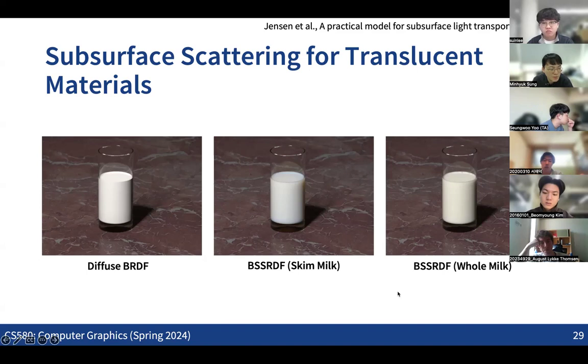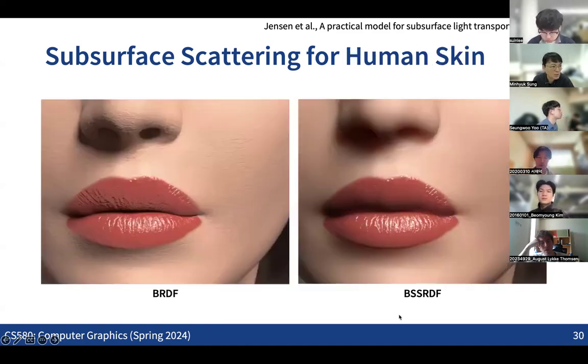What are some other examples where we also need subsurface scattering models? One of the most important examples is human skin. When you use classical rendering models, we typically get a plastic-like, unnatural feeling, because the BRDF cannot properly capture all the material properties of human skin.